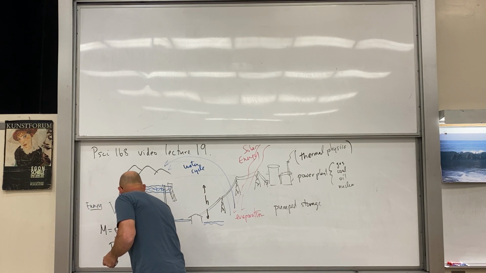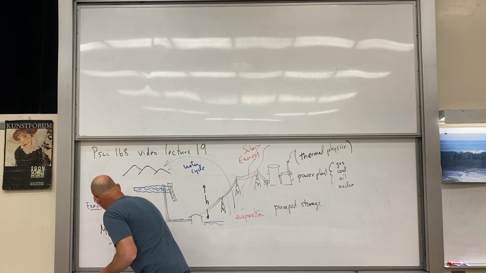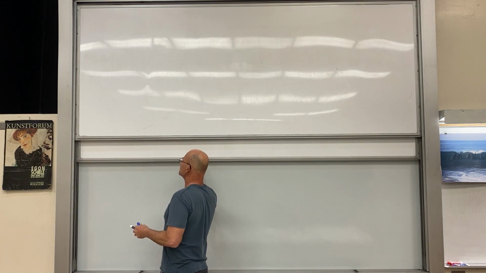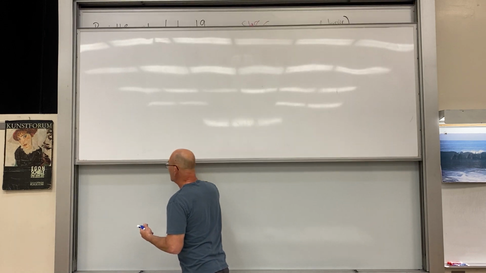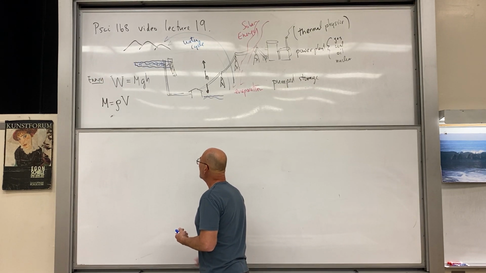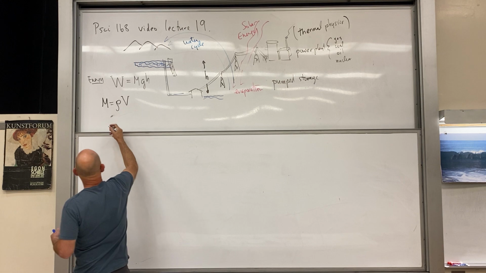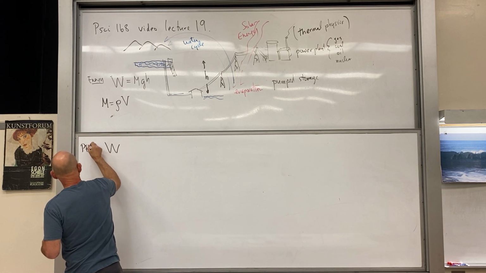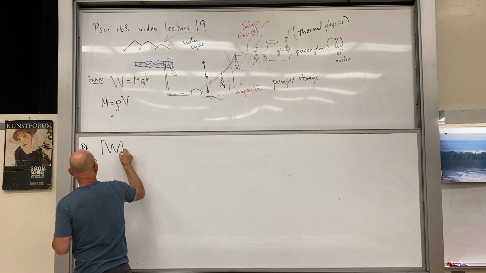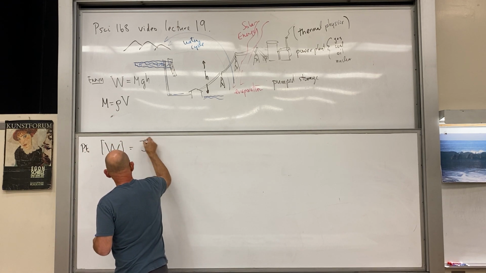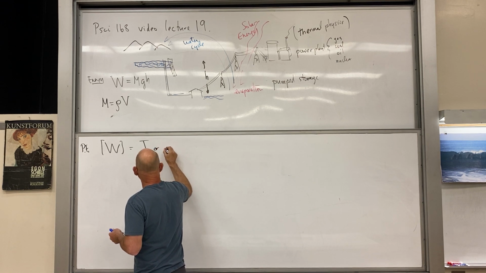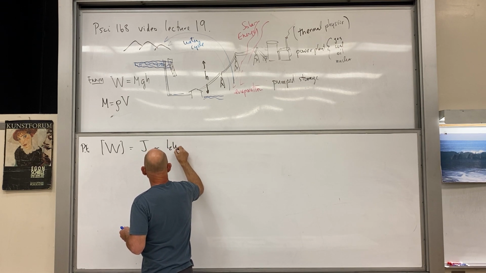And then we have the power formula, which involves the flow rate. Also note that we can talk about this potential energy in terms of joules, of course, or kilowatt hours.